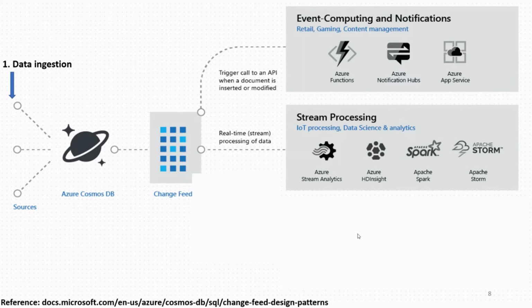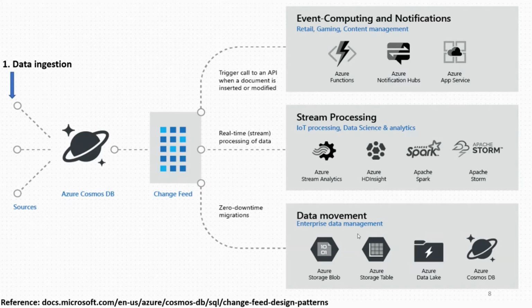You might have some subsequent processing or data transformation tasks you want to perform. Or lastly, we can do some data warehousing, like data movement between containers or moving data to Azure Blob Storage for backup purposes, with zero downtime and minimal impact on your live Cosmos DB.